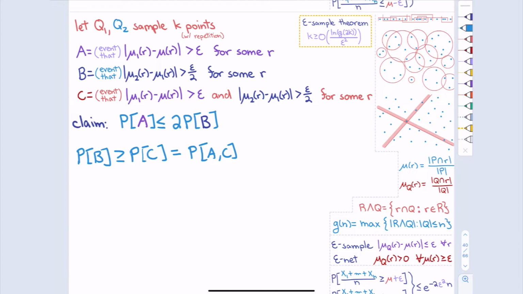As soon as C occurs, A automatically occurs. We can write this as the probability of C given A times the probability of A. I just want to show that this thing is at least 1/2, and then we'll be in good shape.